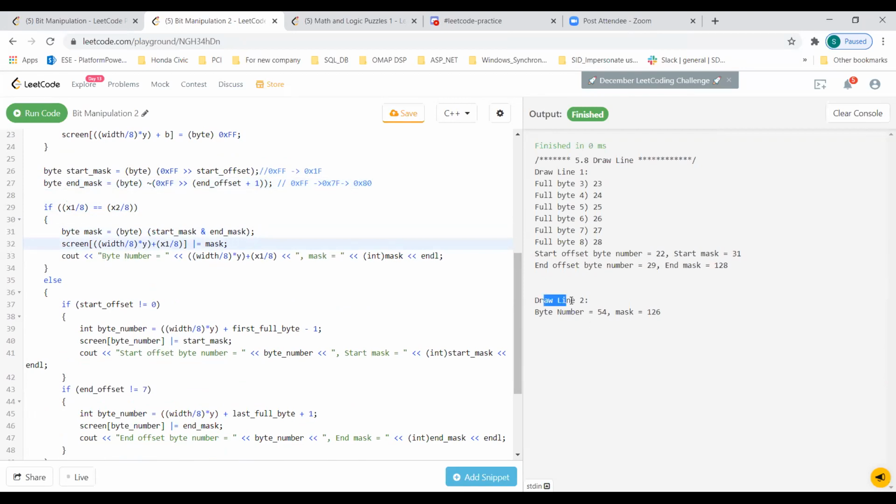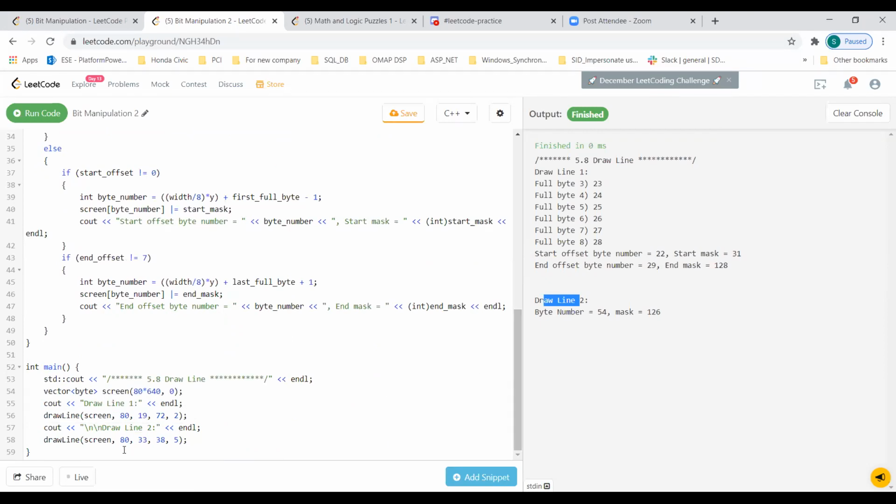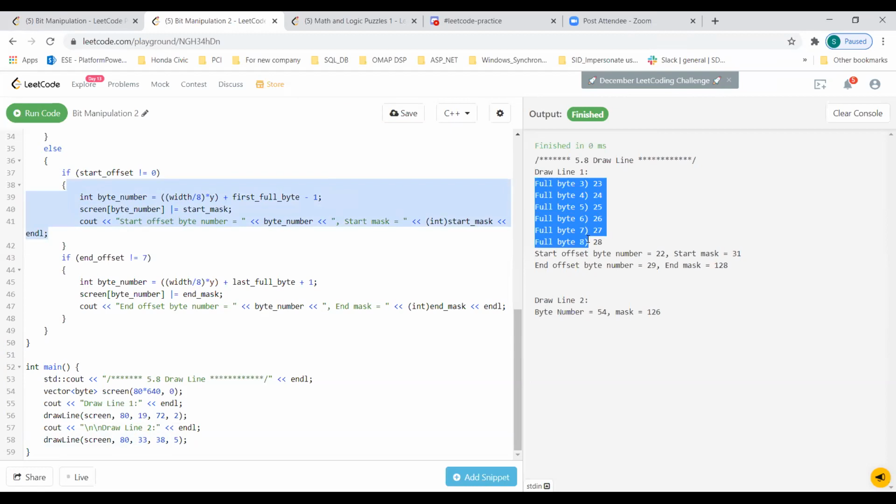In this case, like the second example, I'm taking 30 and 38. So they belong to a single byte, right? So there will be 2 cases. One is if I have to set only 1 byte, or in the first one, I'm setting about these 6 bytes, one at the start and one at the end. It's 8 bytes totally.